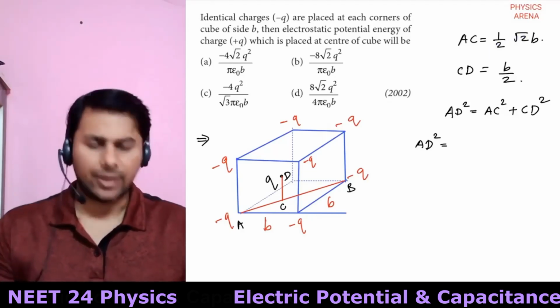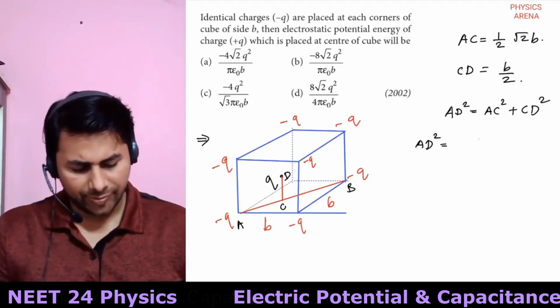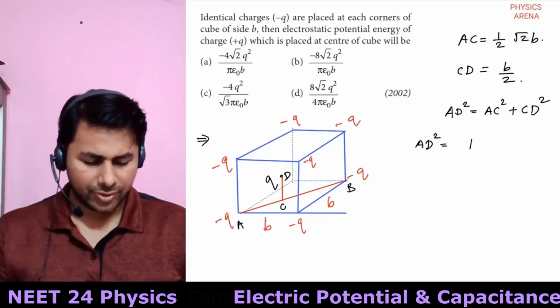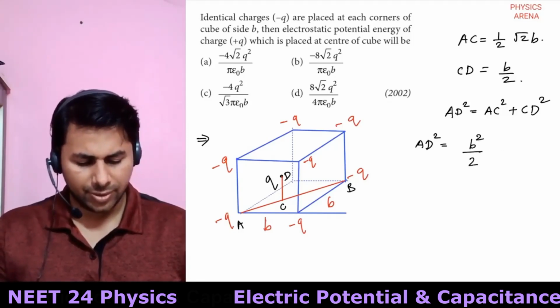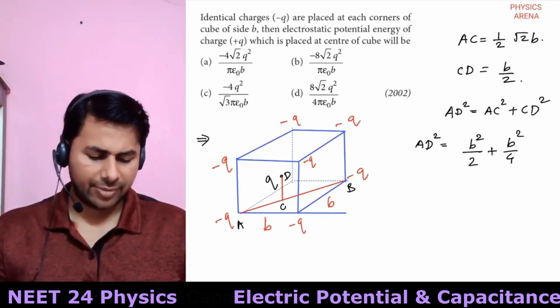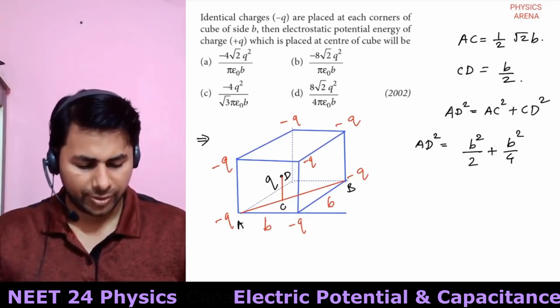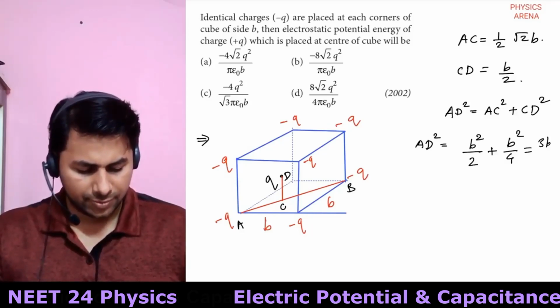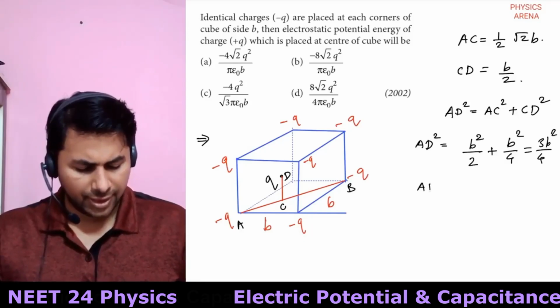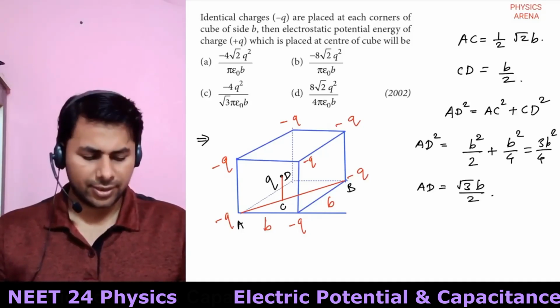Take the square of this. So this will be b square upon 2 plus b square by 4, that is 3b square divided by 4. So AD will be equal to root 3 b by 2. Right, this thing is clear.